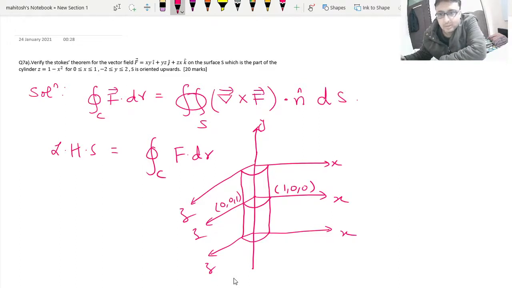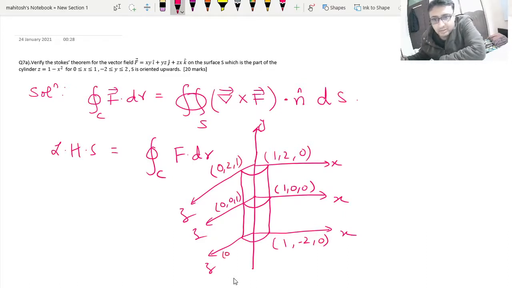Similarly, we can write for this one: this is 1, 2, 0, and 1, minus 2, 0. Over here also we can write for all of this: this is 0, 2, 1, and 0, minus 2, 1. It is important that we label all of them.